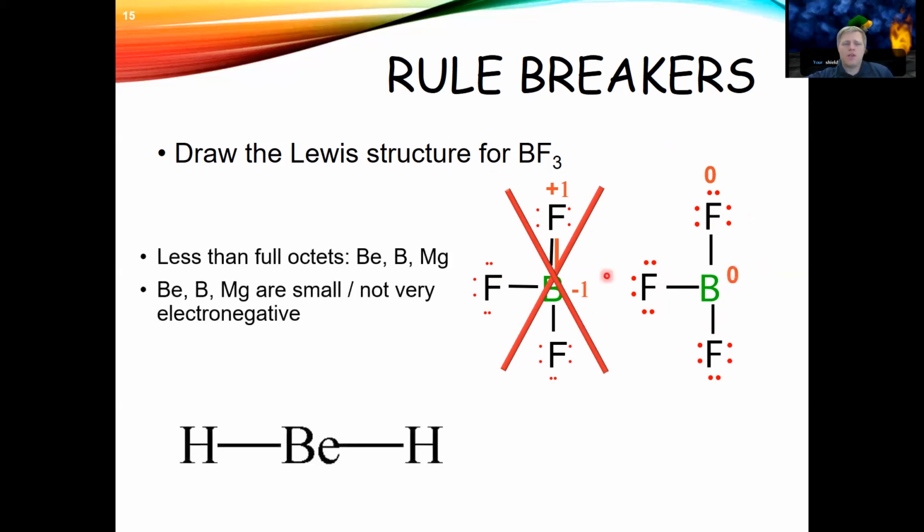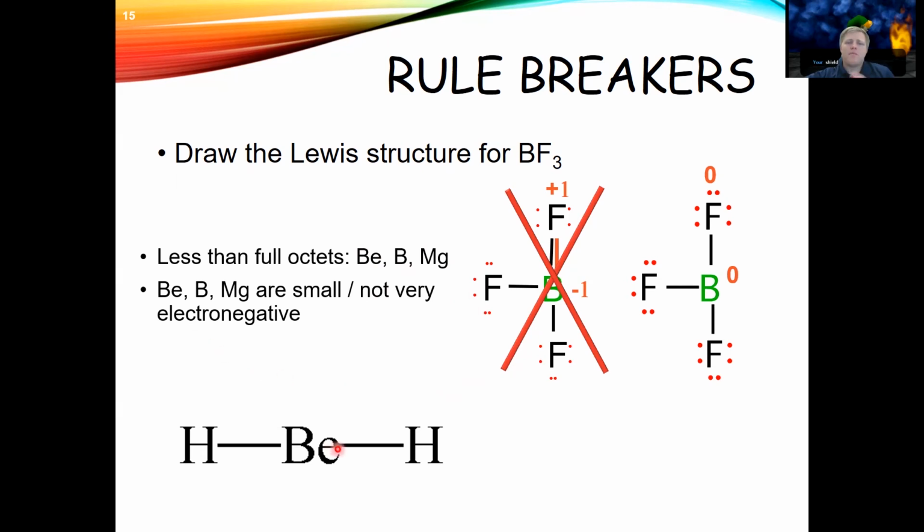Atoms that don't achieve a full octet in molecules really is limited to beryllium, boron, and magnesium. And boron's the one you'll see the most, primarily because it's a nonmetal that likes to bond to things.